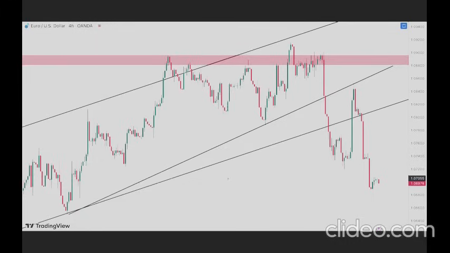All these types of drawing like these diagonal trend line, I have explained them why in my course.